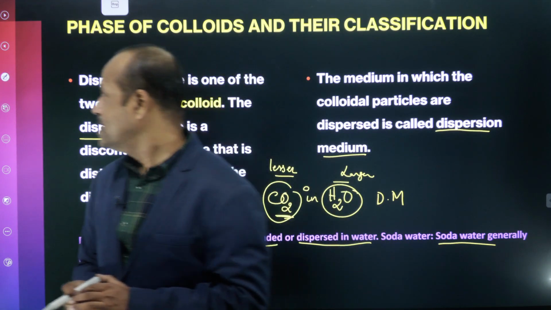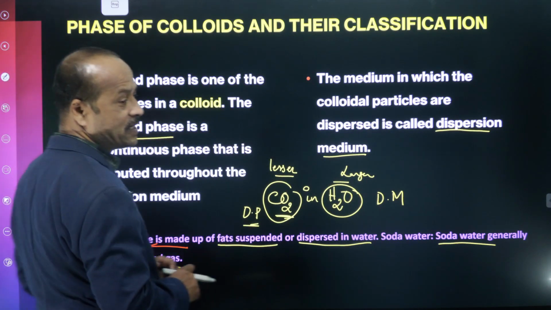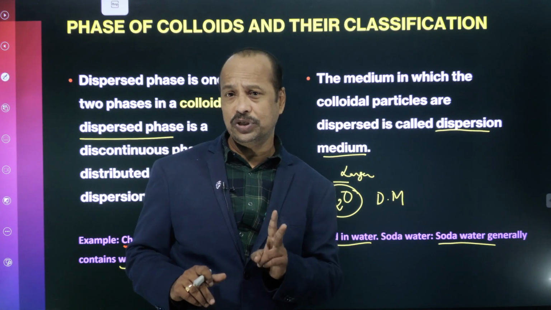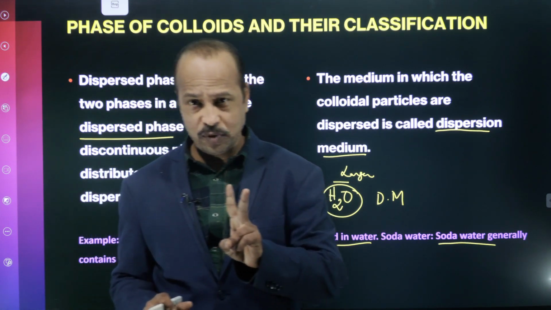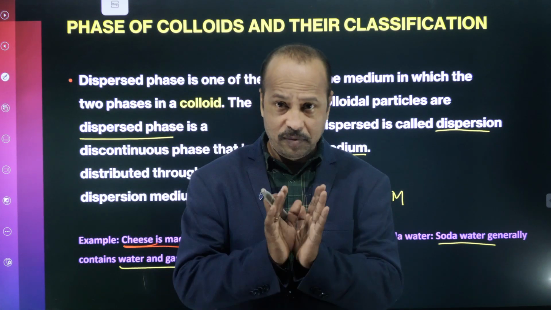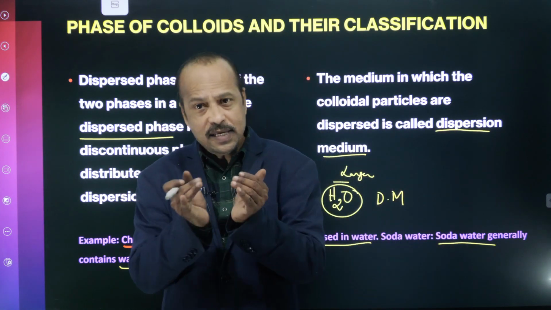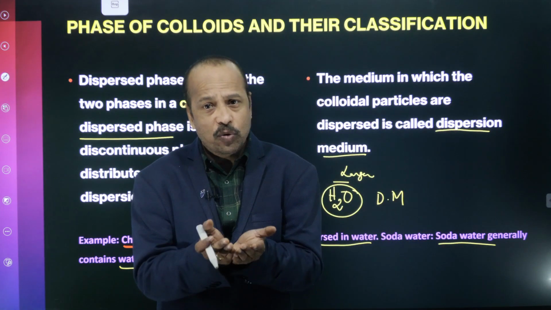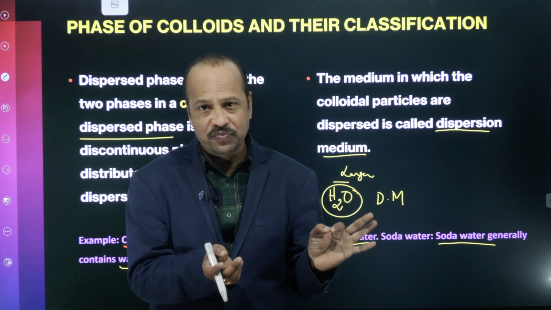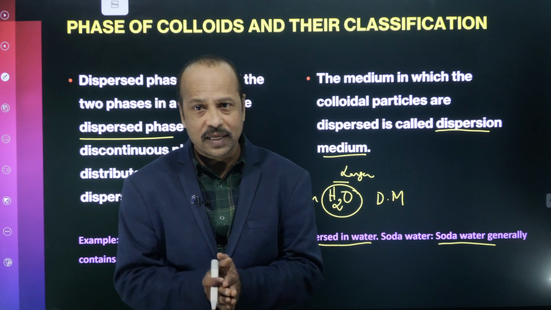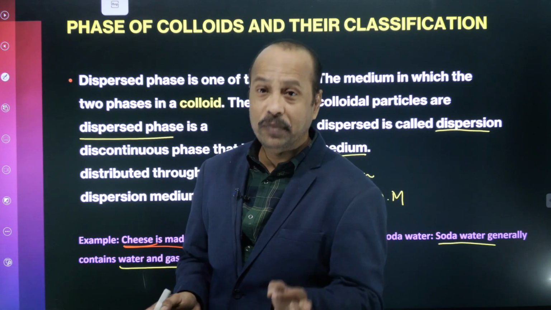Clear? So this is the definition. Did you understand the dispersed phase and dispersion medium? A colloidal solution consists of two components. One will generally be more in quantity, the other generally lesser. Which is lesser in quantity is called the dispersed phase, and which is larger in quantity is called the dispersion medium.